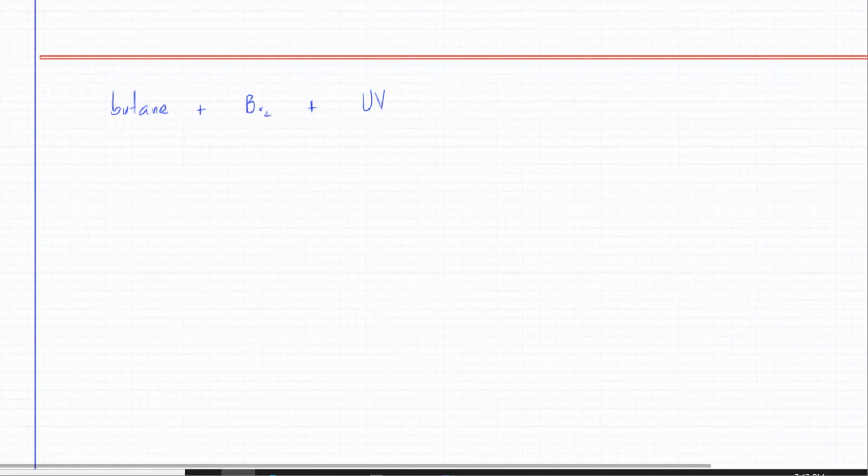Remember, it has to be UV light, otherwise there's not going to be any free radical substitution. Anyway, the first step would be initiation. So that's initiation. That's simple. Bromine radicals are going to be produced.